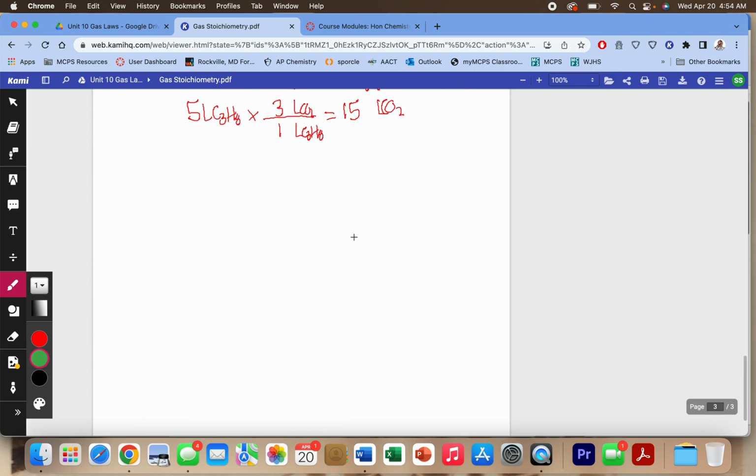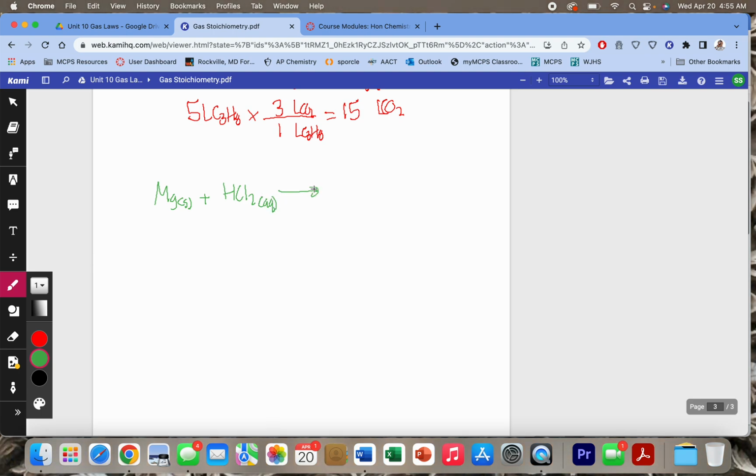So let's suppose we have some balanced equation such as, I don't know, let's suppose we have magnesium metal, and we're adding hydrochloric acid, and it's a solution, and it is becoming hydrogen gas, okay, and magnesium chloride.